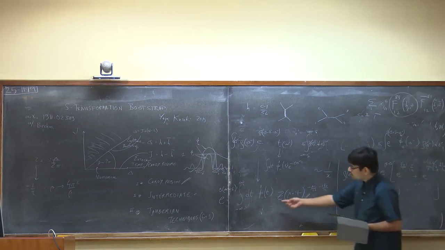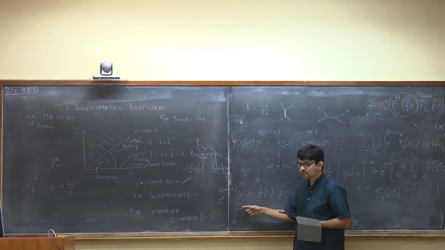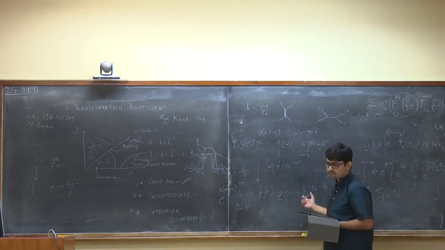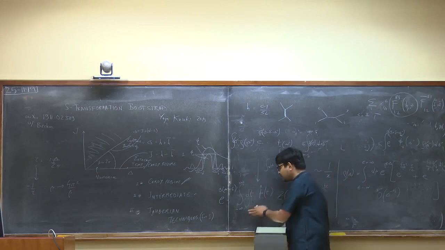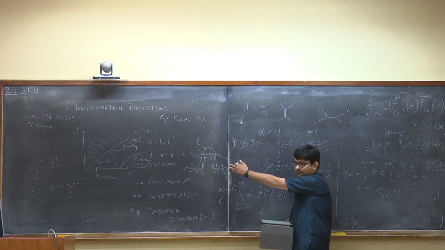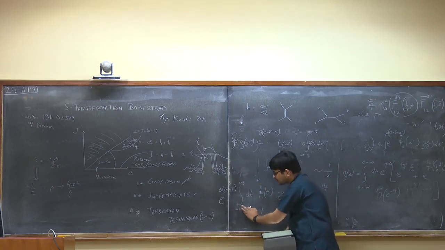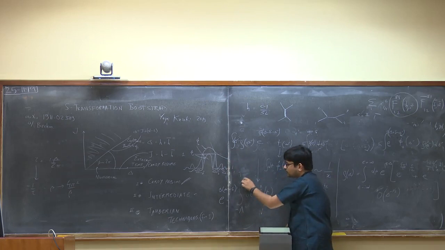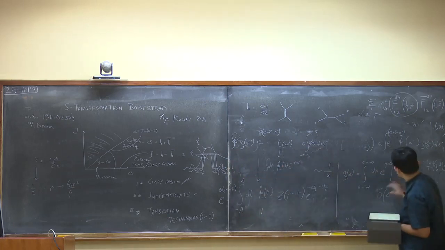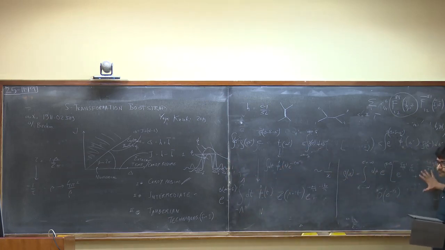So if you choose this function to have finite support, then I can cut off this integral. That is what this Tauberian analysis is doing: choosing these functions such that, for example, the function has finite support, so it cuts it off and regulates these errors.